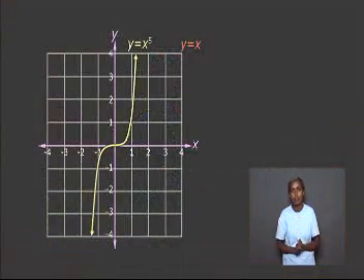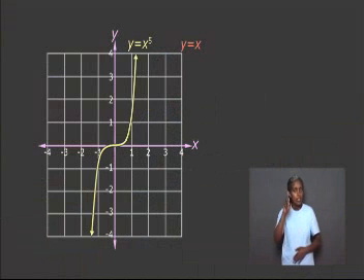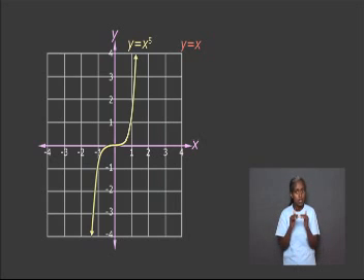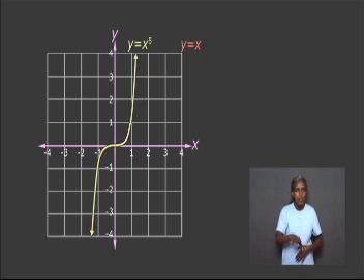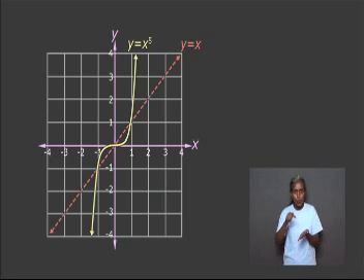We can also sketch the graph of a function's inverse by looking at the graph of the function. For example, here is the graph of the function f of x equals x to the power of 5. To help us find the inverse graph, let us draw a dotted line representing the basic function f of x equals x.